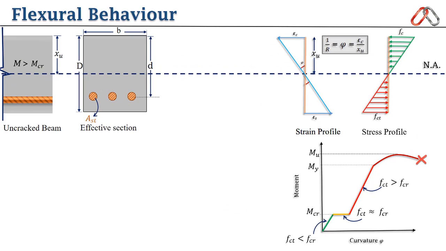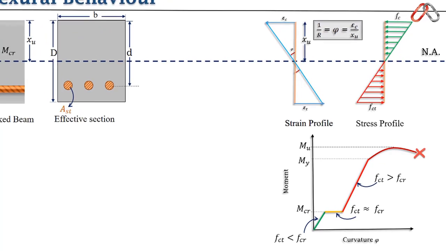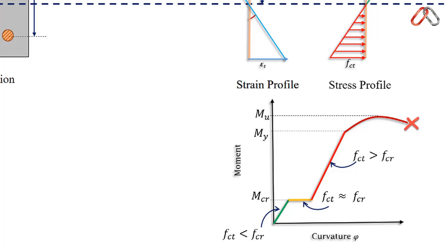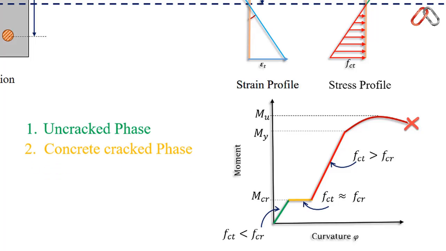On this graph, I am going to explain to you the 4 stages of concrete flexural behavior that we need to look at in more detail. This linear area where nothing is cracked is the uncracked phase. Then concrete gets cracked in tension. Here concrete and steel behave like linear elastic materials, and the region up to the yielding is the cracked elastic section.